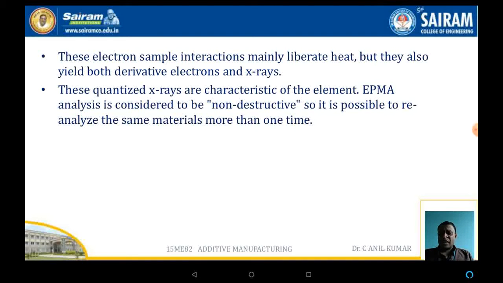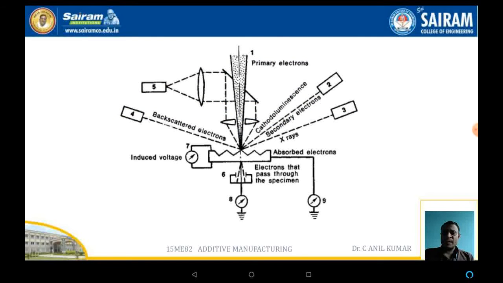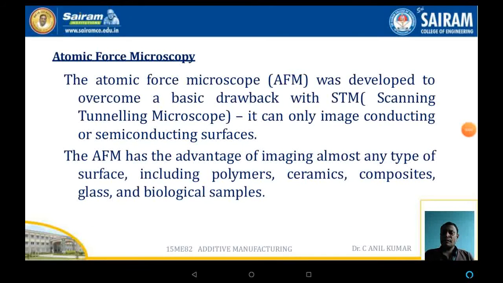The quantized X-rays are characteristic of the element. EPMA analysis is considered to be non-destructive, so it is possible to reanalyze the same material more than one time. The schematic diagram shows the EPMA.